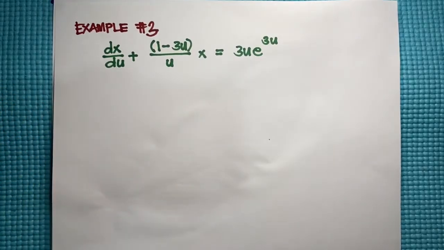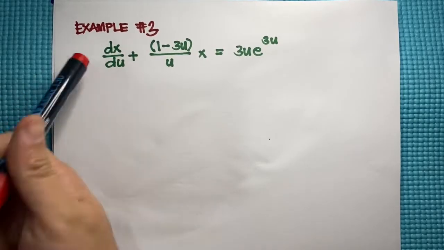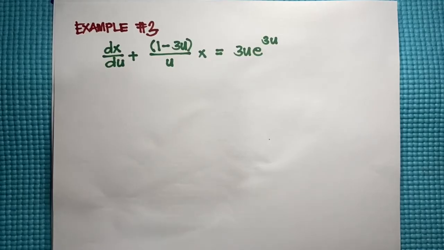This one is dx over du plus (1 minus 3u) over u times x, equal to 3u e raised to 3u. In this case, we were introduced to new variables: instead of x and y, we have x and u. The given example is pretty straightforward because it is already in standard form, so there's no need to manipulate the differential equation.